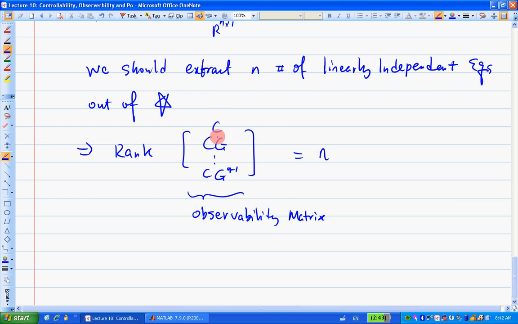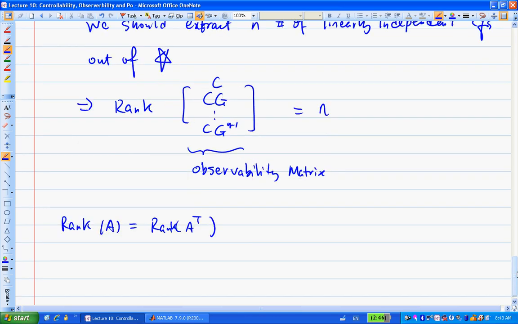In linear algebra, when you see the rank of a certain matrix, the rank of a matrix is the same as the rank of A transpose. So instead of saying the rank of this is n, we can alternatively check the rank of the transpose of this.